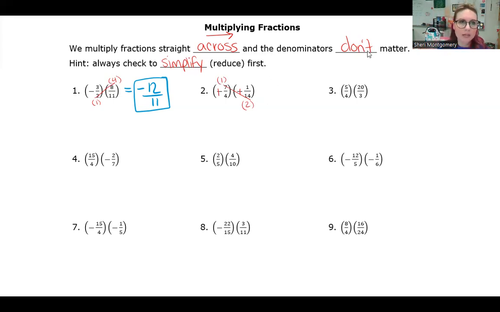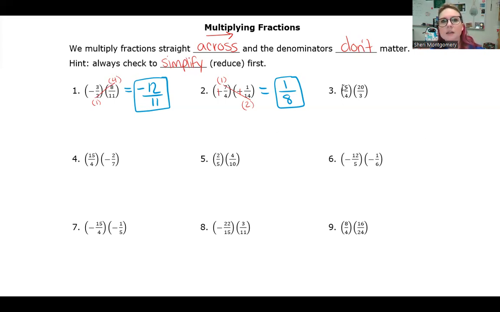And so now when I multiply across, I have 1 times 1, and that's just 1. And in the denominator, I have 4 times 2. The next one, I'm going to do the same thing. I'm going to take a look.